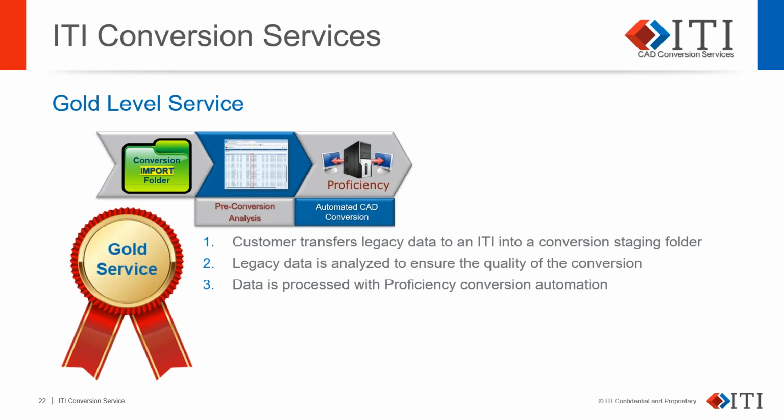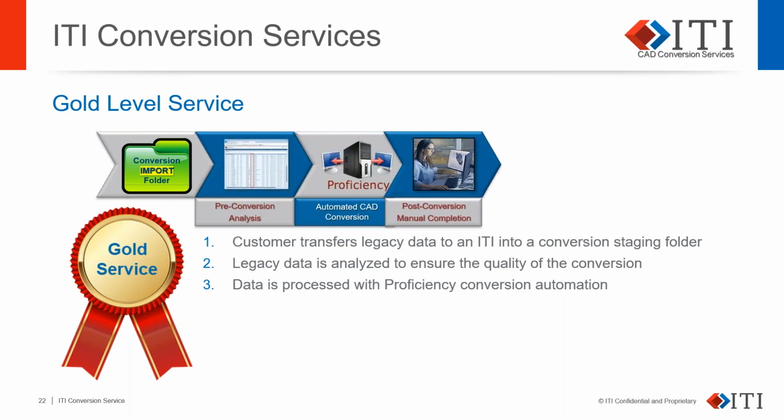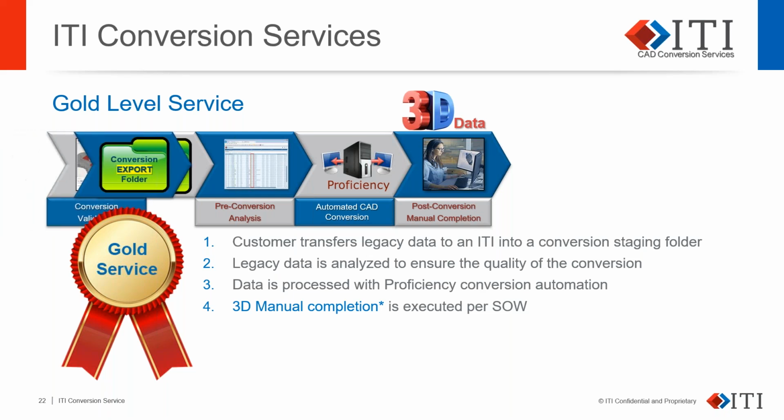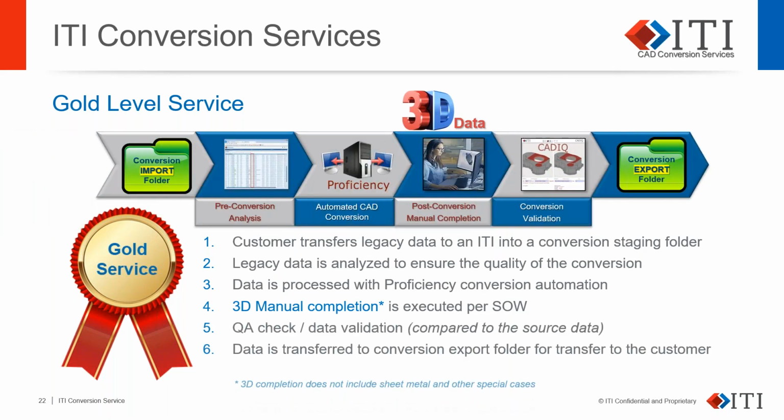Gold, again, very similar, but this time the only difference is there is a post-conversion phase, where ITI would do some manual completion on the 3D data as per the statement of work agreed beforehand. And again, after this is done, that data is validated before being sent back to the customer via an export folder.